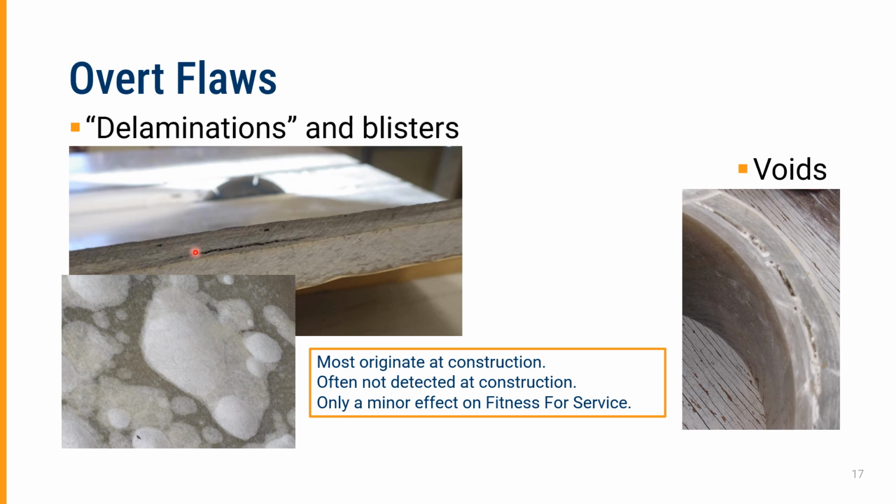And these are consequences of formation errors. They left some voids in place, or they didn't appropriately prepare some surface as they built it. There's only a minor effect on fitness for service of FRP. This is not where we need to be focusing our attention.